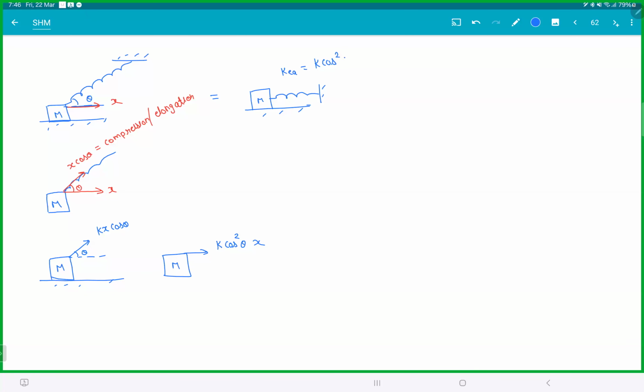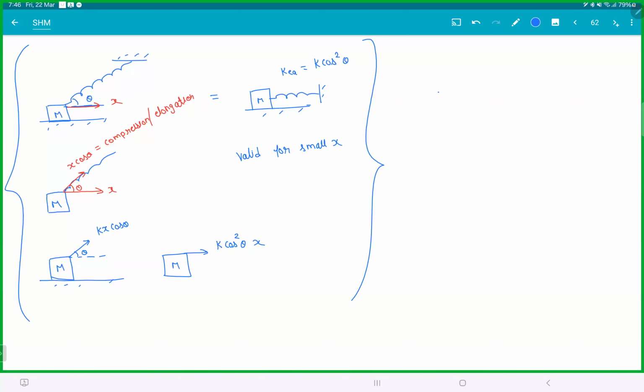Again, valid only for small theta. Valid for small x. So two things will happen. When you displace by x, the spring will compress only x cos theta, and the force will be again Kx cos theta, K cos theta. I hope you're getting that.